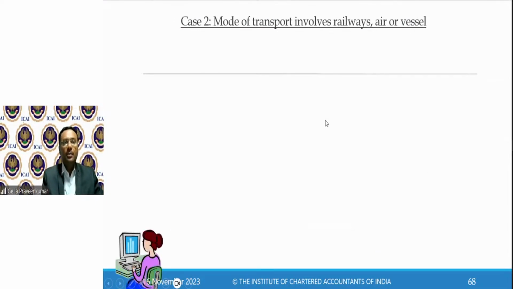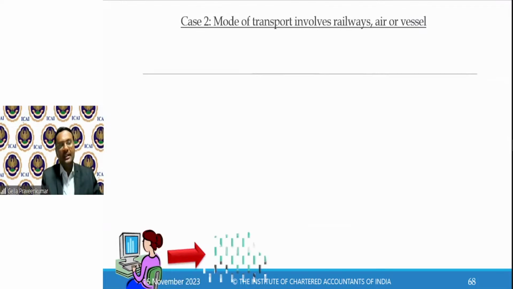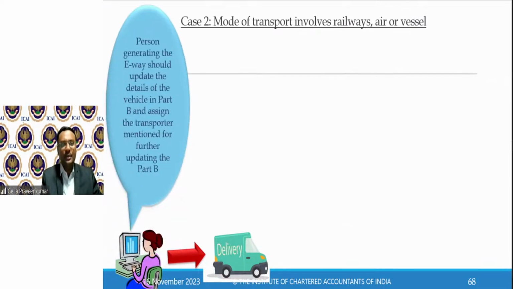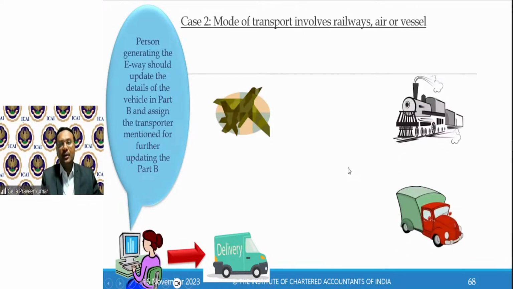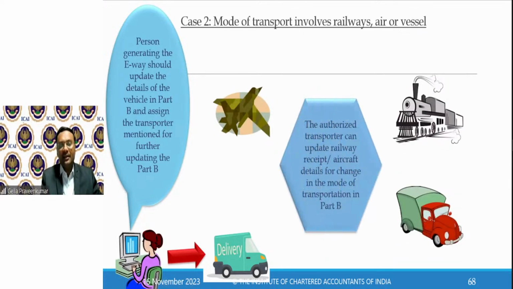Case 2. Mode of transportation involves railways, air, or vessel. Usually the consigner will give the goods to the transporter and assign the transporter. The transporter then will update the details of rail, air, or road in Part B. The transporter shall update the railway receipt, RR, or aircraft details or vessel details.